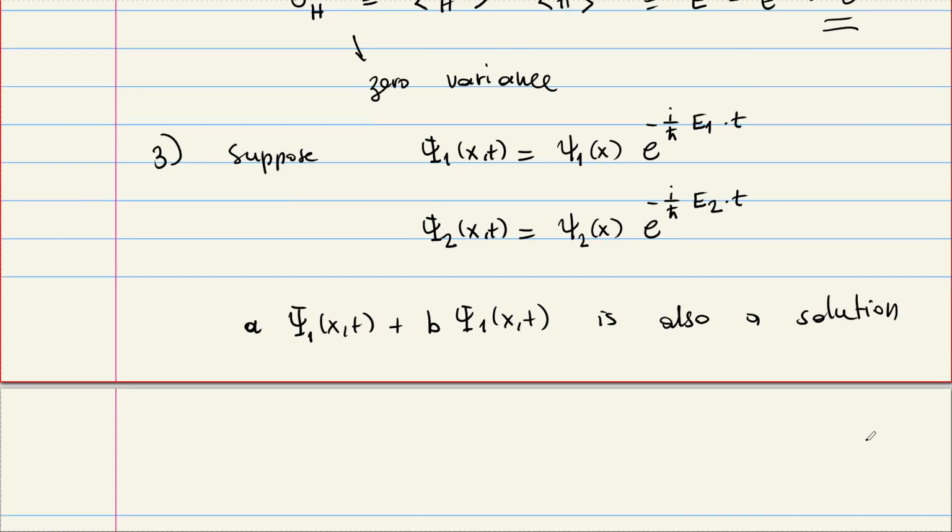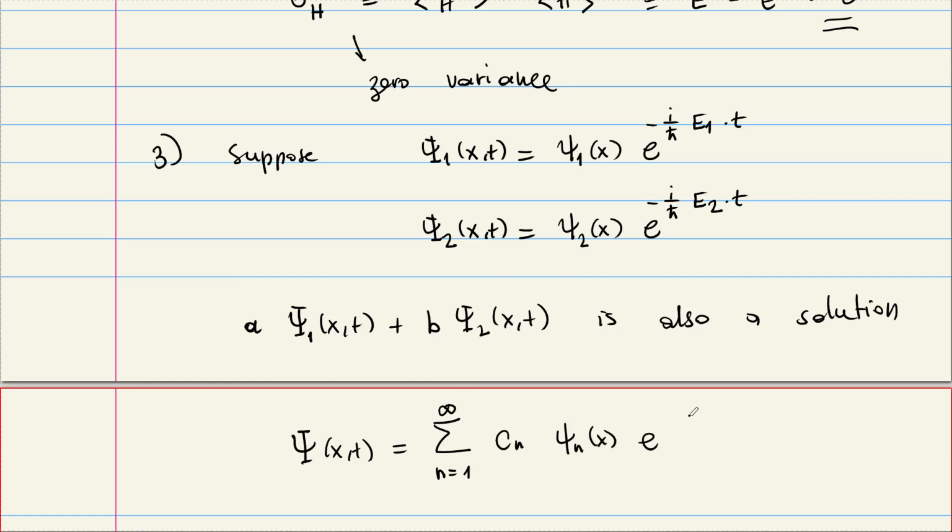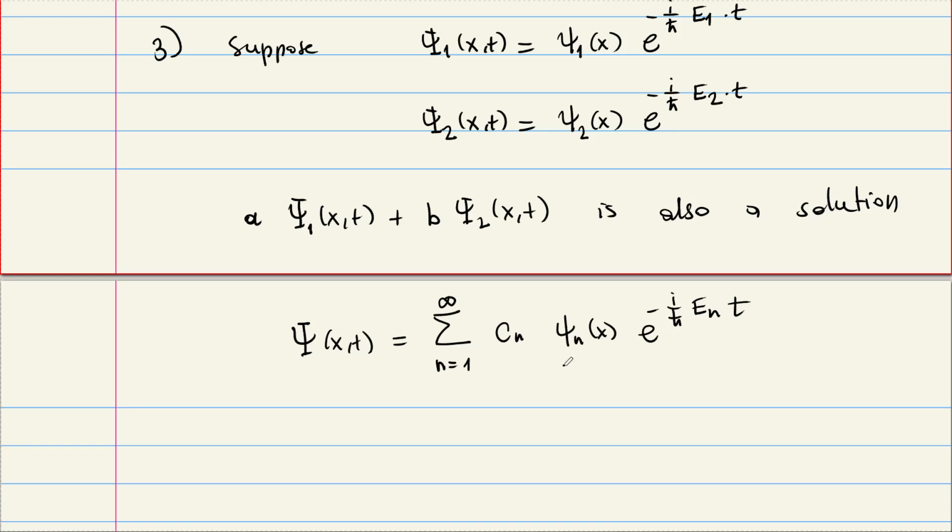In fact, if we have many solutions, we can write any solution like this, a sum over n of Cn psi n. And if you choose Cn properly, by a suitable Cn set.